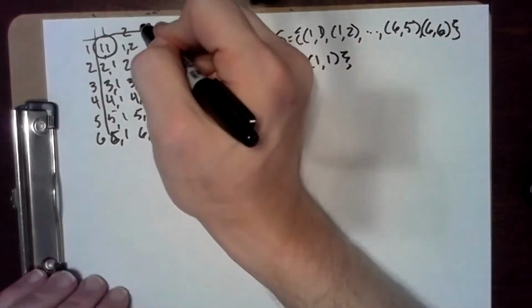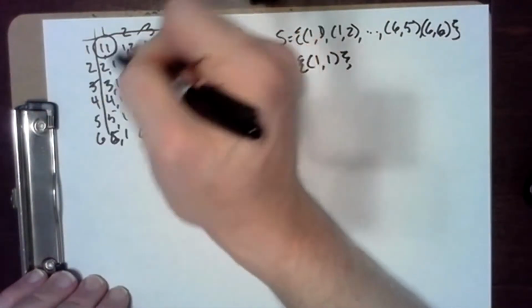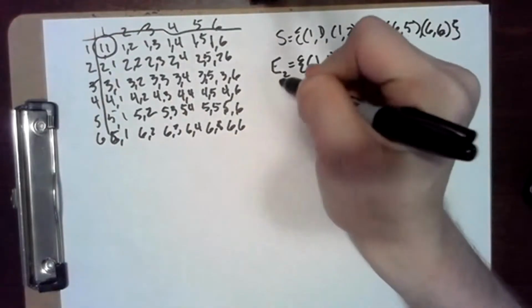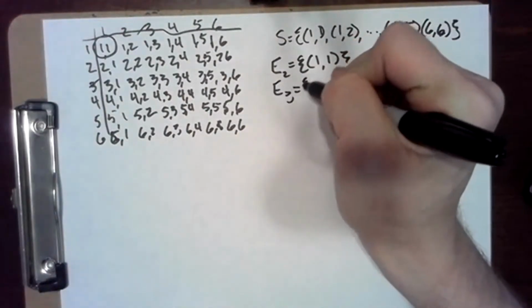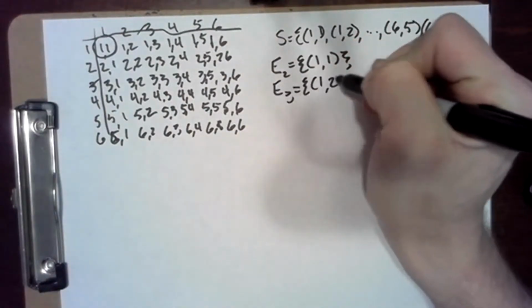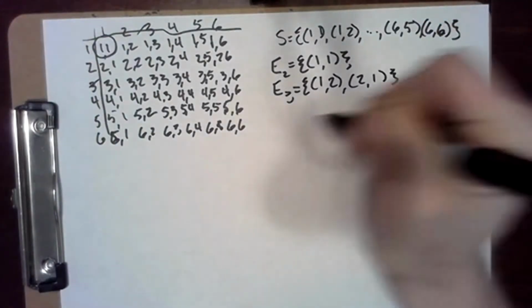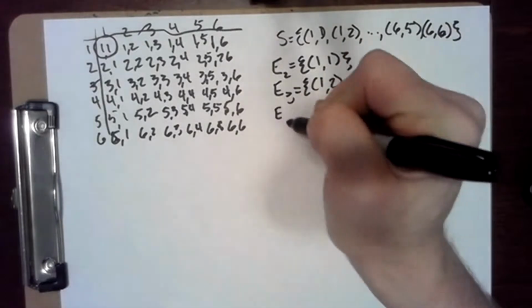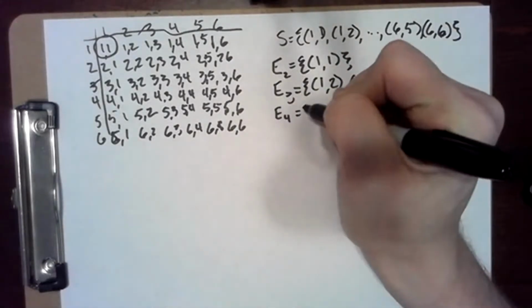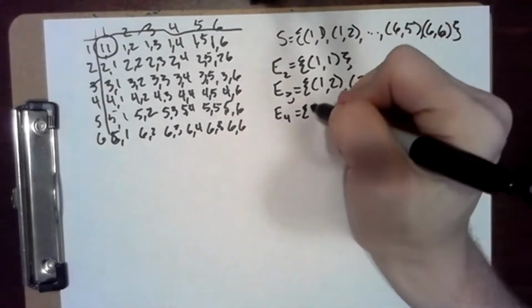We look along this diagonal. So E3 is the set of (1,2) and (2,1). If we add those together, we get 3. And we can look along any diagonal to find the set that we're looking for.